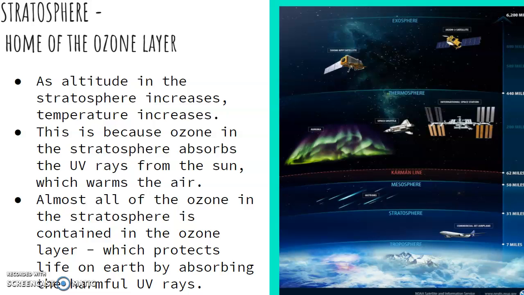So there are three oxygen atoms that bind together to form an ozone particle. And these absorb the ultraviolet rays from the sun. And when they absorb these UV rays, they warm up the temperature in that area, right?